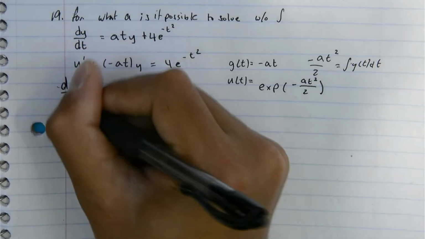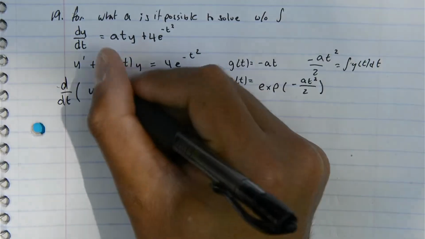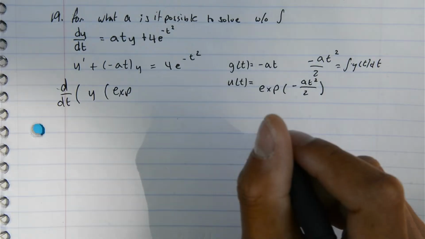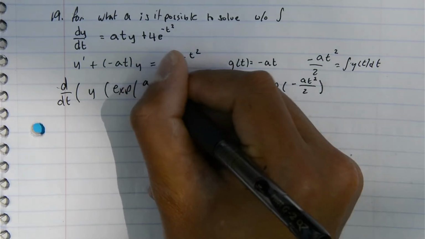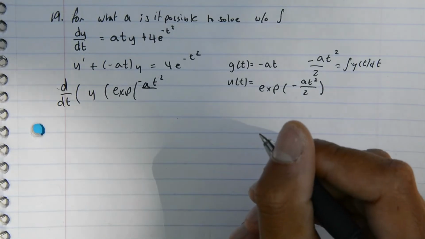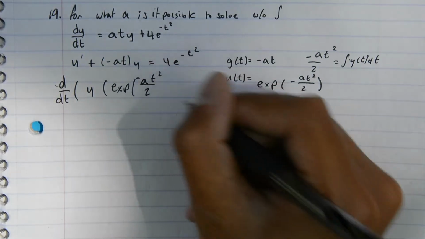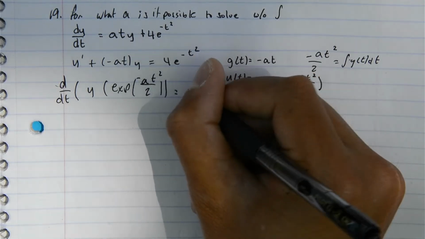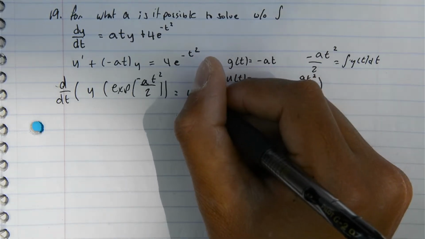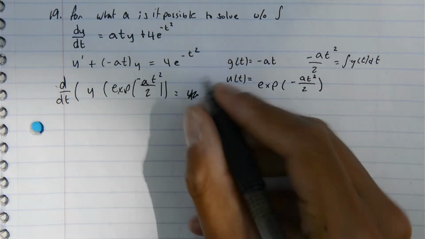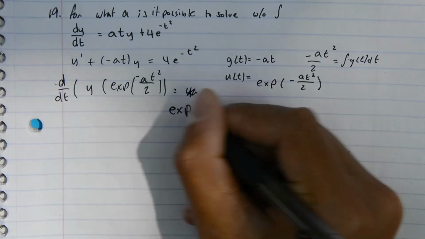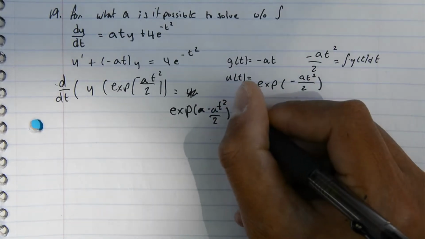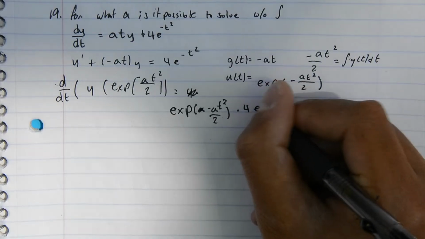So then we're going to get d dt of y times e to the minus a t squared over 2 is equal to e to the minus a t squared over 2 times 4 e to the minus t squared.